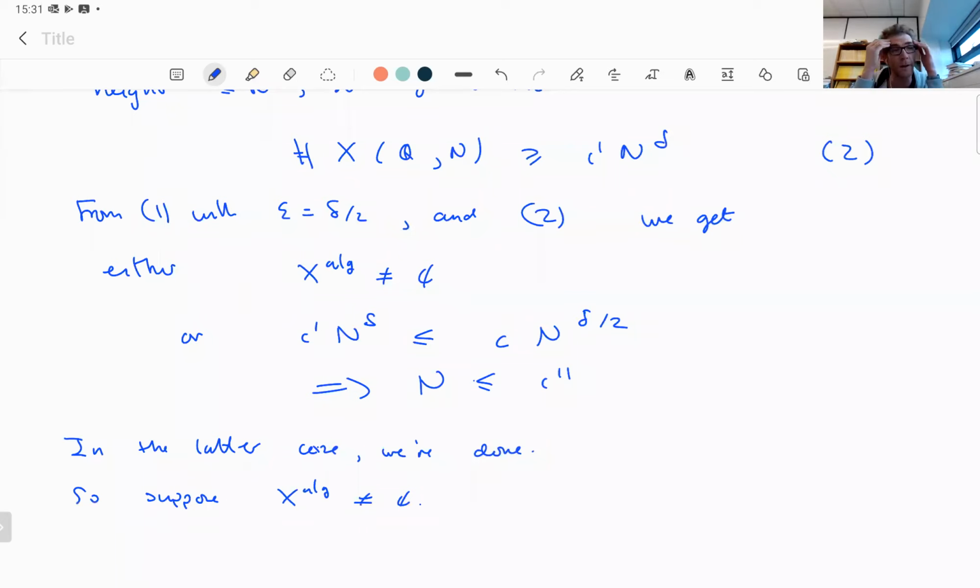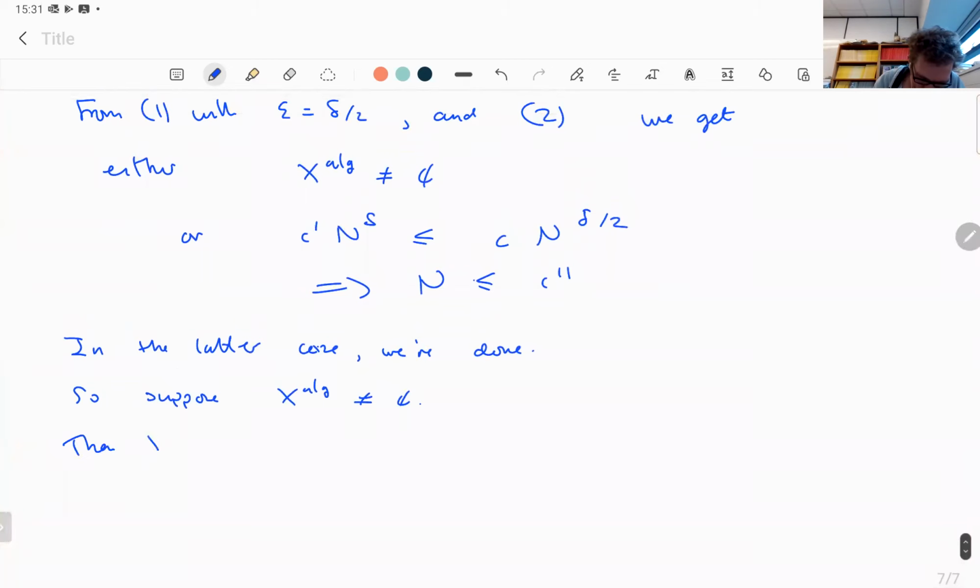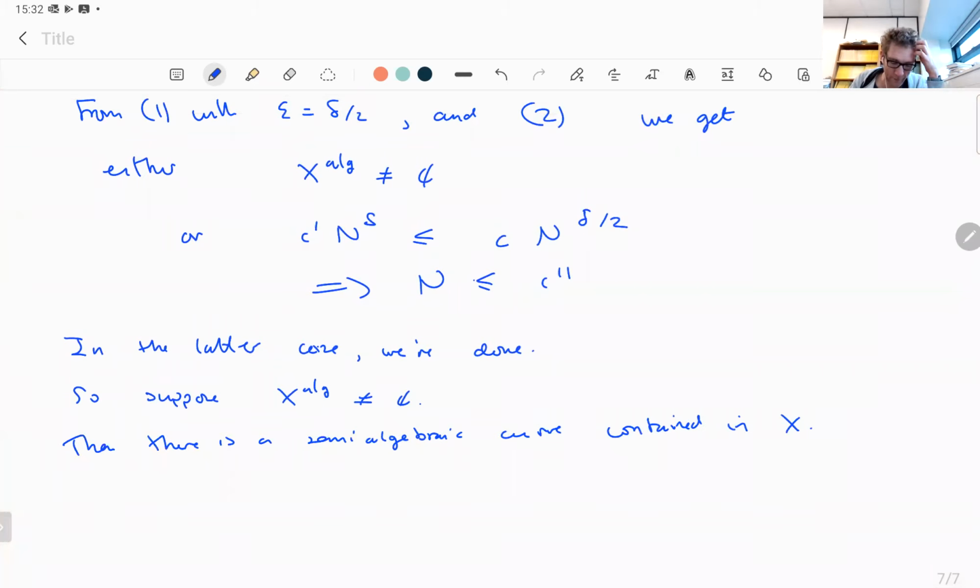X alg is the union of all connected infinite semi-algebraic subsets of X. So if X alg is not empty, then there's some semi-algebraic curve contained in X. Now, X was got by putting different real coordinates on C squared.